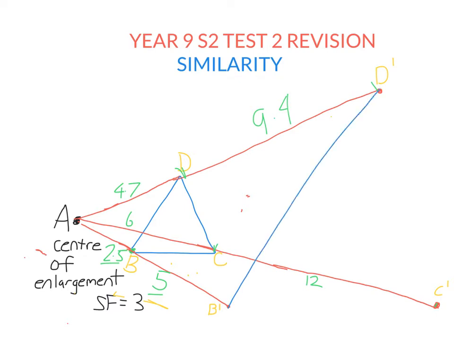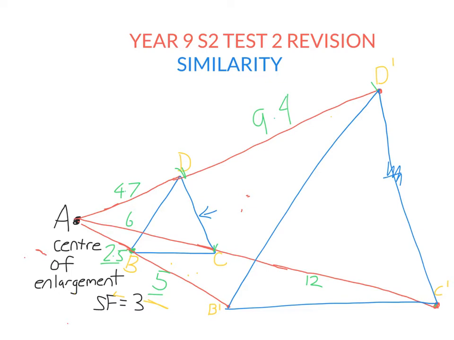Now because we've moved each vertex so it's 3 times further from the original point, each of these side lengths will be 3 times its corresponding side. So this side here, D dash C dash, will be 3 times DC. Because we kept going along the same line, that ensures that the two triangles will have the same angle.